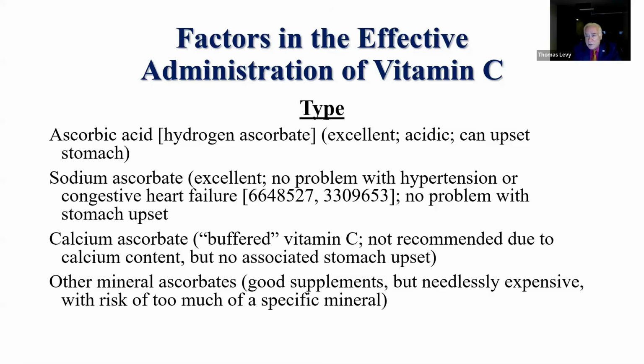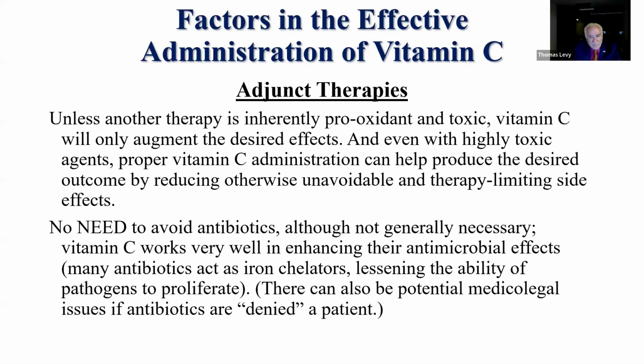The other mineral ascorbates are good, but they make things needlessly expensive. And also, in order to take enough vitamin C, you might end up taking too much of the mineral. So take your mineral supplements separately, my recommendation, and take your vitamin C separately.